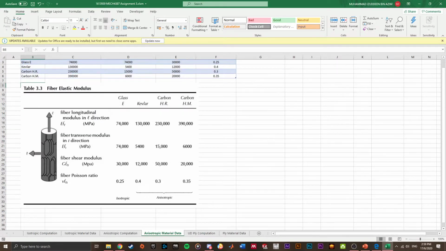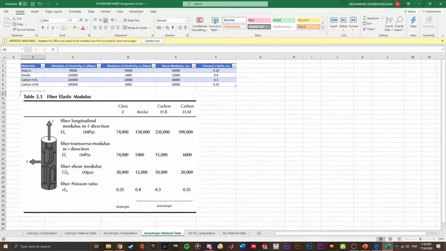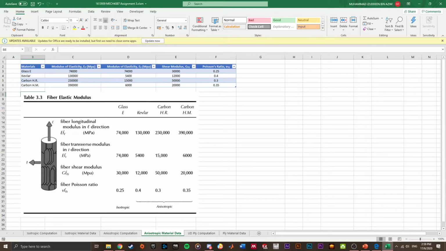We can look here, glass is isotropic. We're going to talk about these three materials. Actually there are more, but I'm just taking them out of the book. It gives these three materials as anisotropic.